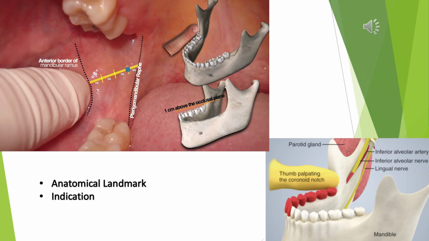And for diagnostic and therapeutic purposes, I can also give the inferior alveolar nerve block. So the inferior alveolar nerve block is used to give analgesia before doing a procedure on the mandibular region, especially the mandibular teeth.